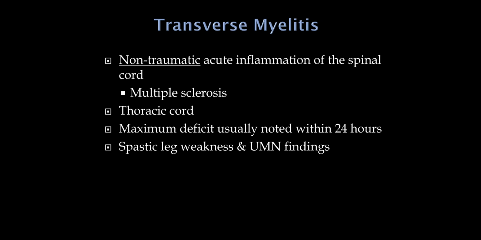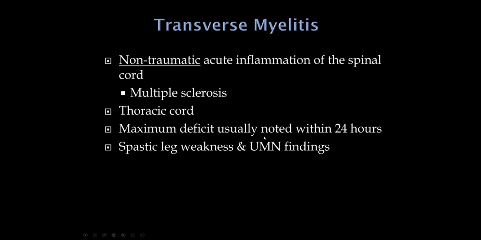Now, transverse myelitis, you want to pretty much associate that with multiple sclerosis. Okay? Not always, but that's by far the most common cause. So this is a non-traumatic inflammation of the spinal cord. MS, as we'll discuss next time, is a condition that affects younger individuals. So if this is the first episode of MS that they've had, these are young, healthy people that come down with a rapidly progressive weakness and sensory loss, usually in their legs.